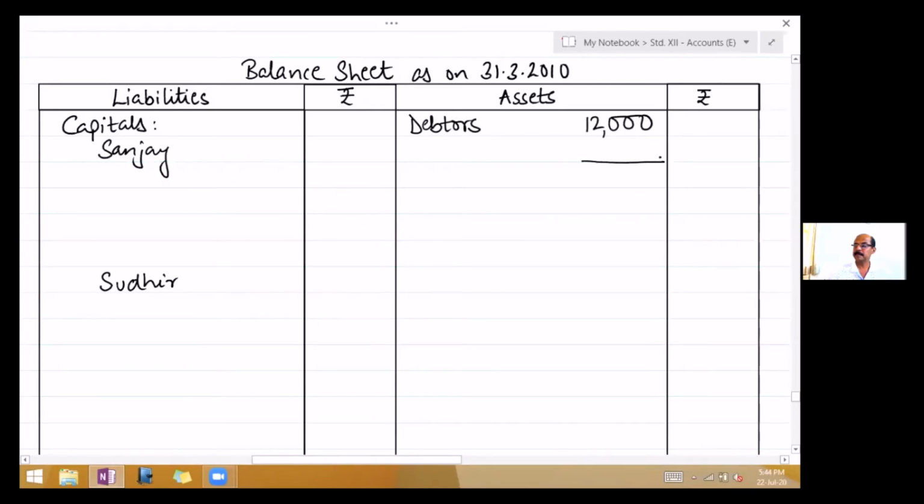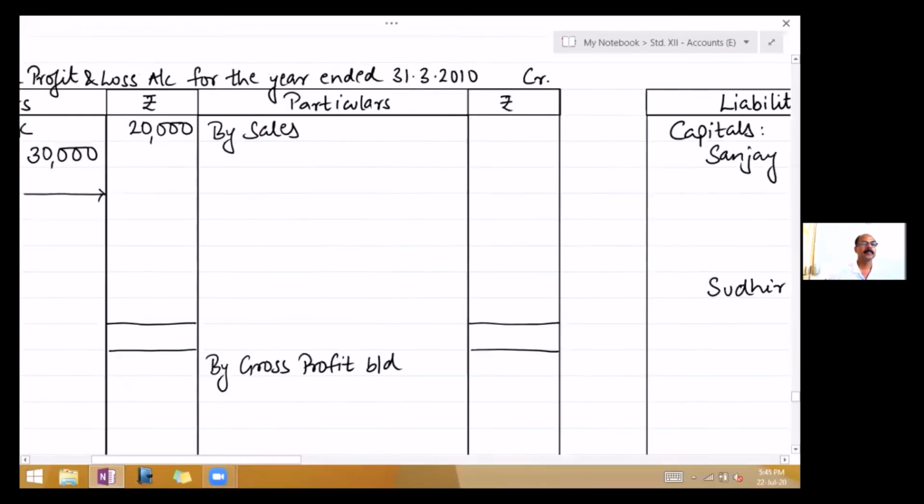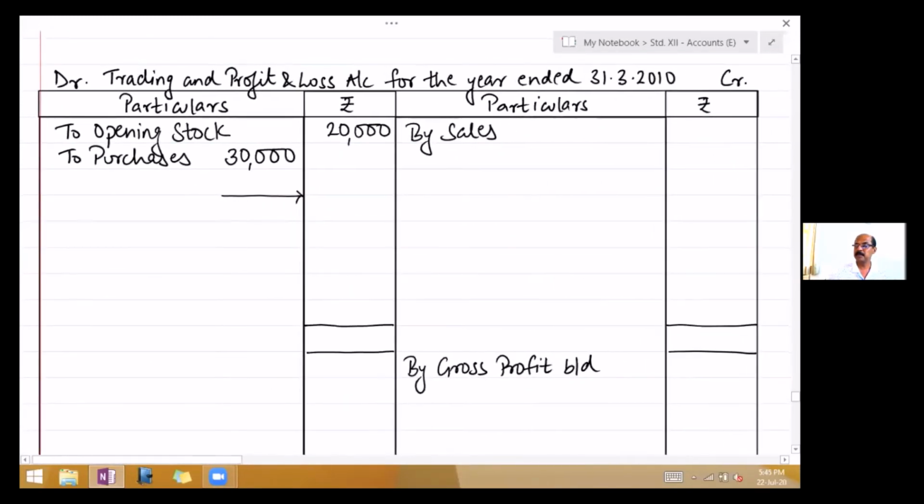Next, wages 5,000, trading account debit side. Wages 5,000. No adjustment, so write in the outer column.